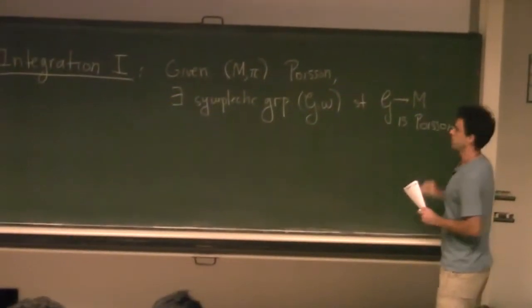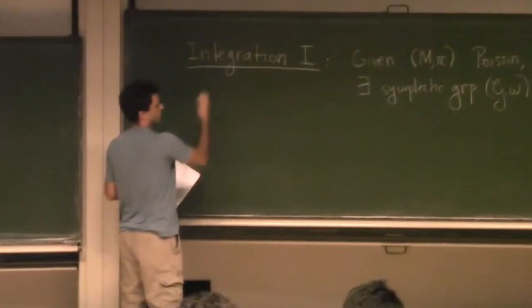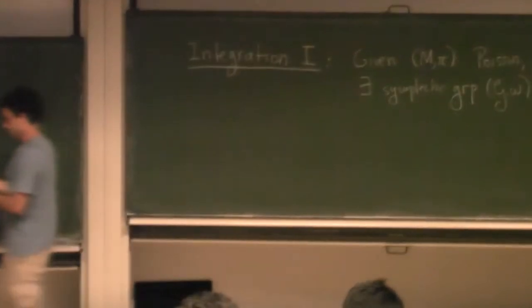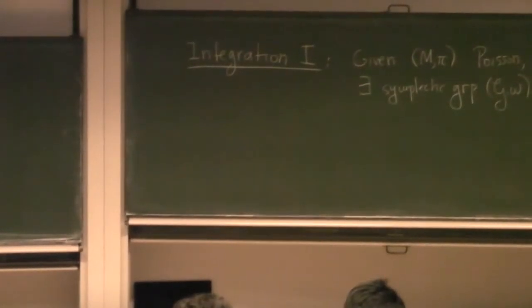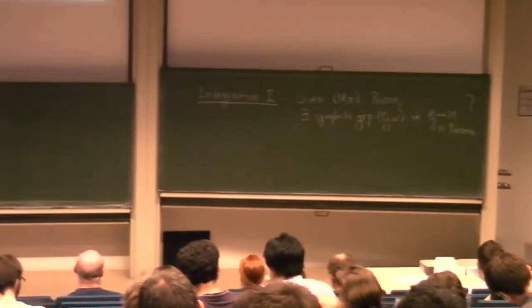Just so that this given Poisson structure here is the one induced by the symplectic groupoid. So this turns out to be not true in general, but I will discuss more of that in a bit. So this was what I would like to have said last time.